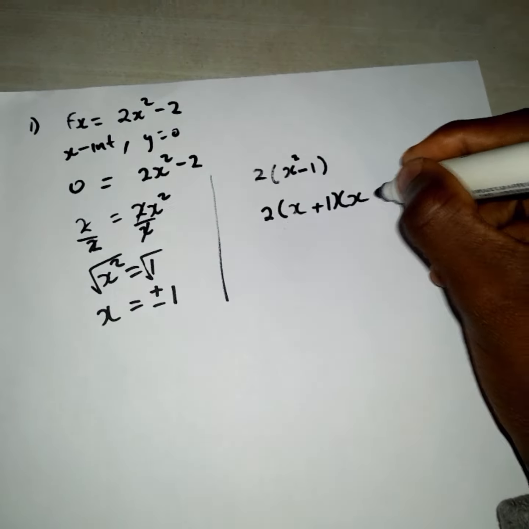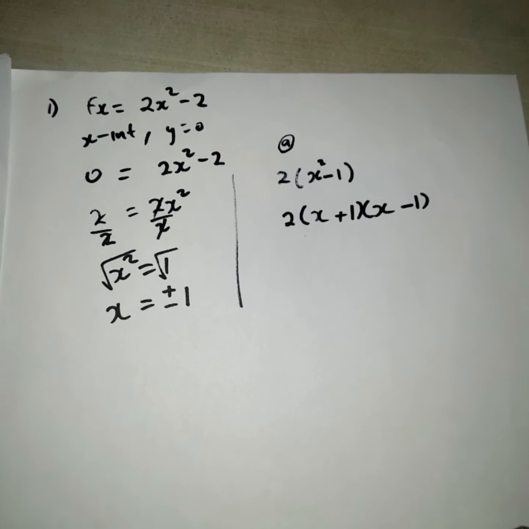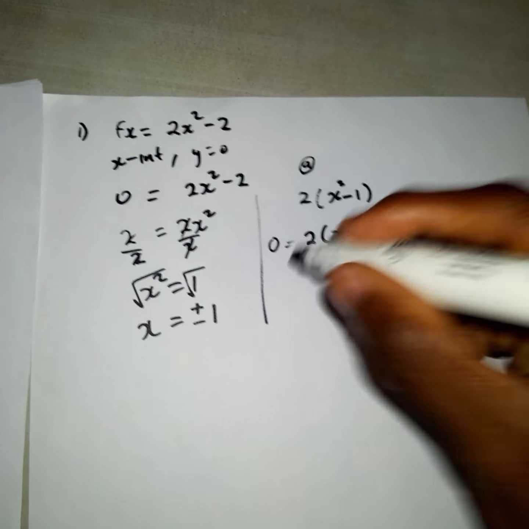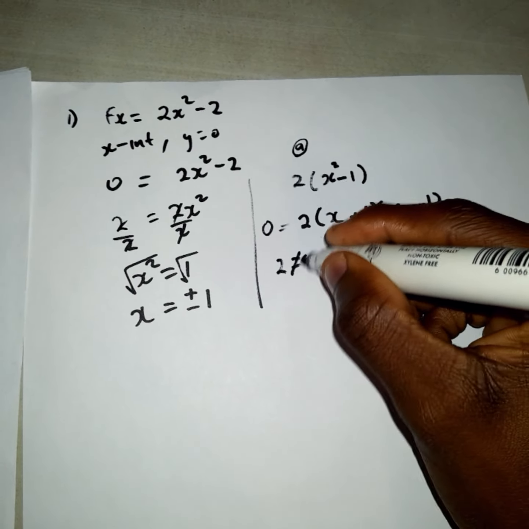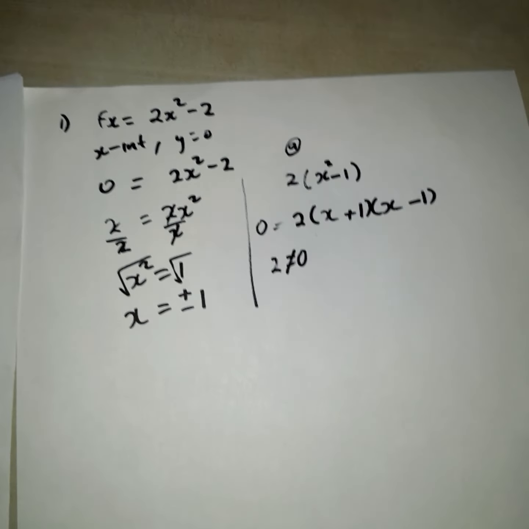So now, whenever we did it like this, we know that 2 stands for a, which is the slope. That is a positive slope. And this thing is equal to 0. We know that 2 will never be equal to 0.